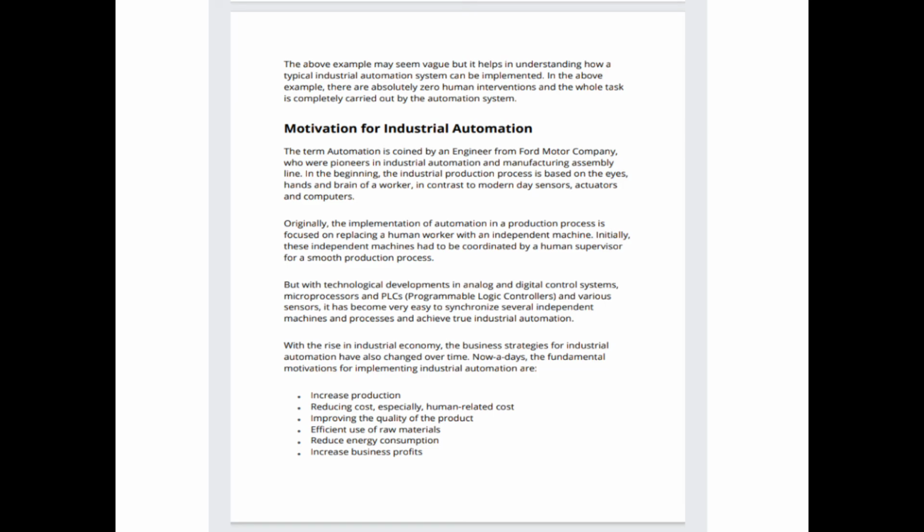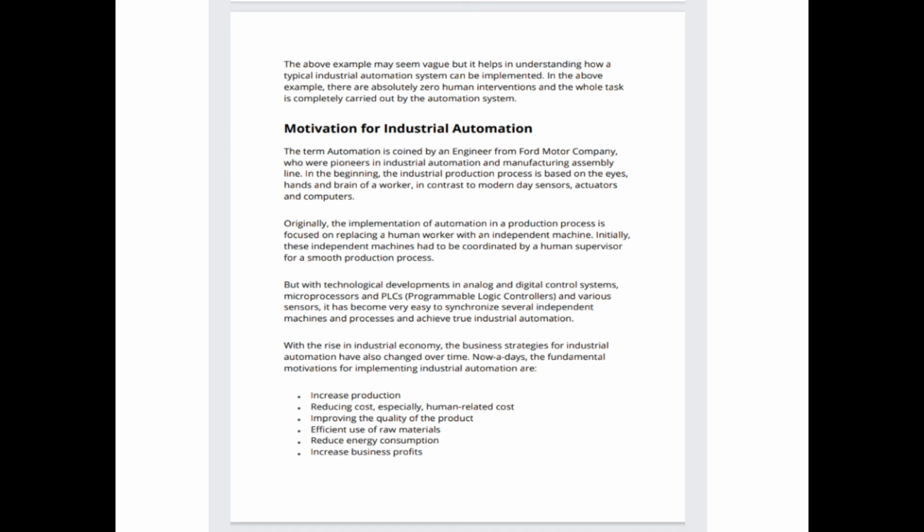So, motivation for industrial automation. The term automation was coined by an engineer from Ford Motor Company, who were pioneers in industrial automation and manufacturing assembly lines. In the beginning, the industrial production process was based on the eyes, hands and brain of a worker.